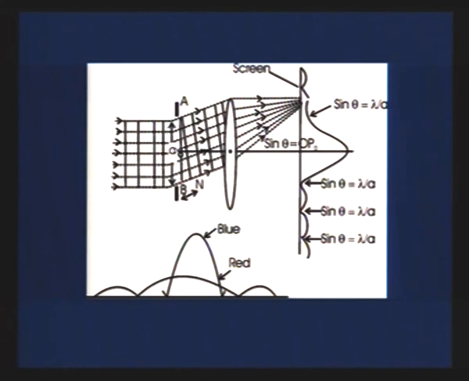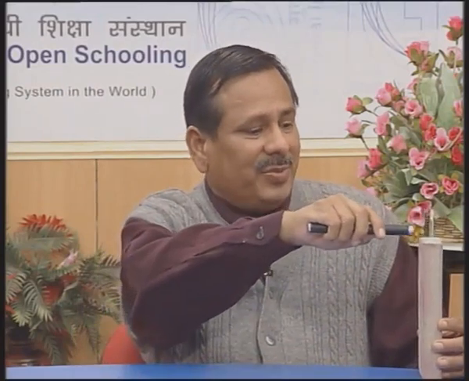On the screen you can see the peaks of the intensity, and by a very small experiment we can also show the similar phenomena of diffraction by taking a single slit here and the laser torch. When this slit is illuminated, you can see the beautiful phenomena on the screen and how this intensity is changing. So, this is a very small experiment in which you can see the fringe pattern of diffraction.